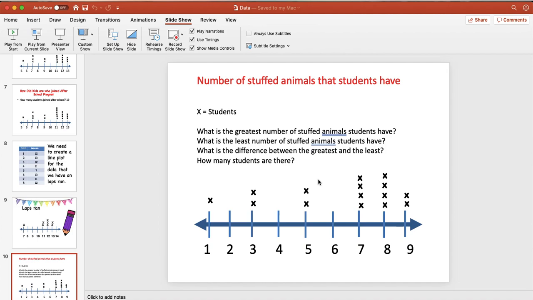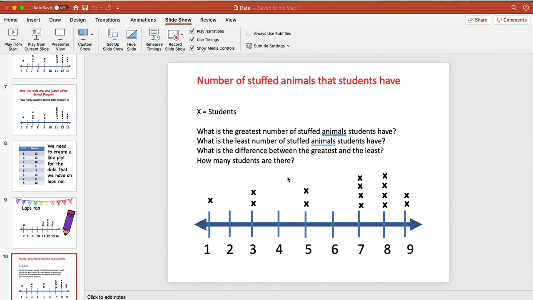The first one says, what is the greatest number of stuffed animals that students have? So the greatest number is the biggest number.